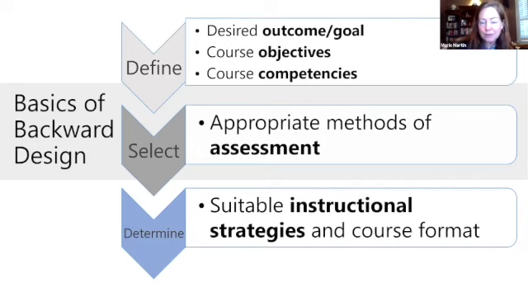And so by now you're familiar with this phrase that he coined, beginning with the end in mind. And so when we think about it and we look at this visual representation, it starts by defining your course goal and outcomes, and then selecting your assessment, and then selecting the instructional strategies and course format.